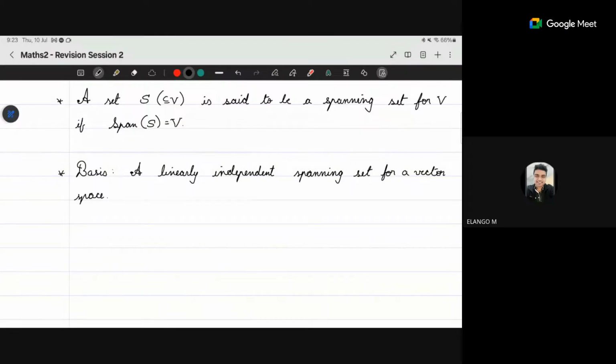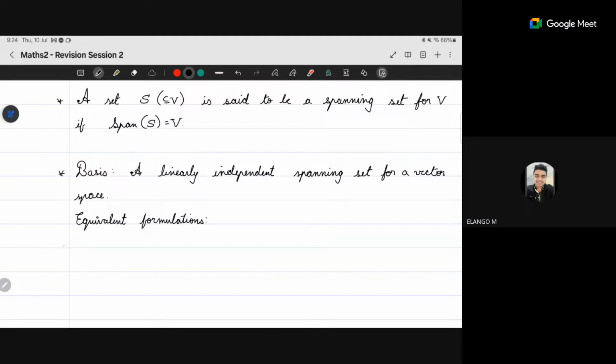Similarly for a spanning set, if you take a generic vector in the given vector space and try to write it as a linear combination of this given set, this leads to a system of linear equations; see if that has a solution. That is how you check if something is a spanning set. That is how you check if something is a basis. So two conditions need to be checked: whether the given set is linearly independent and whether it is a spanning set.